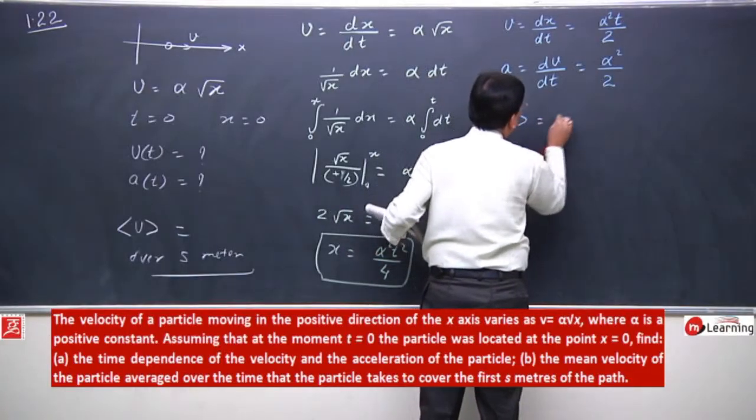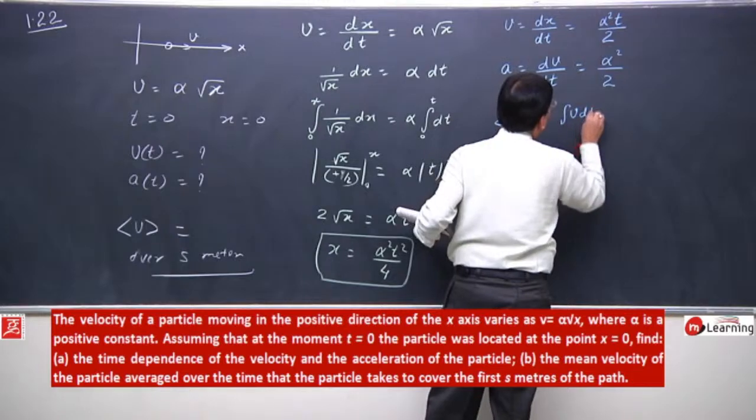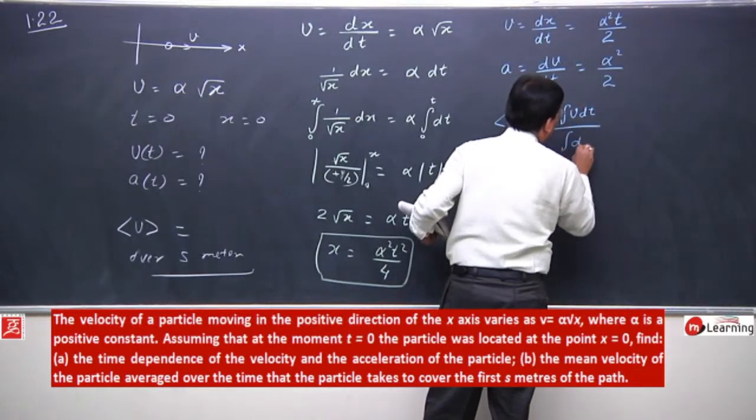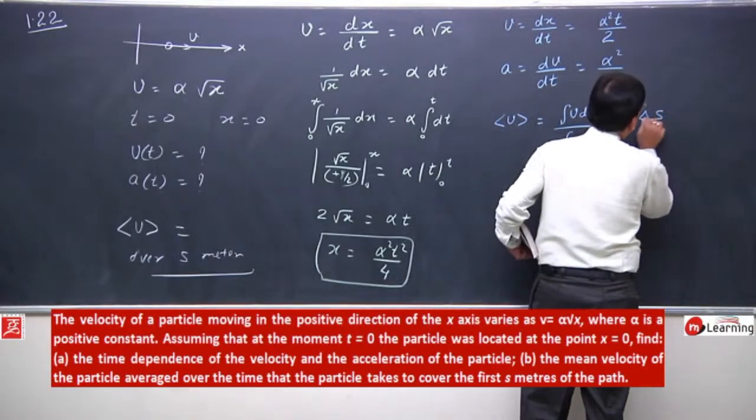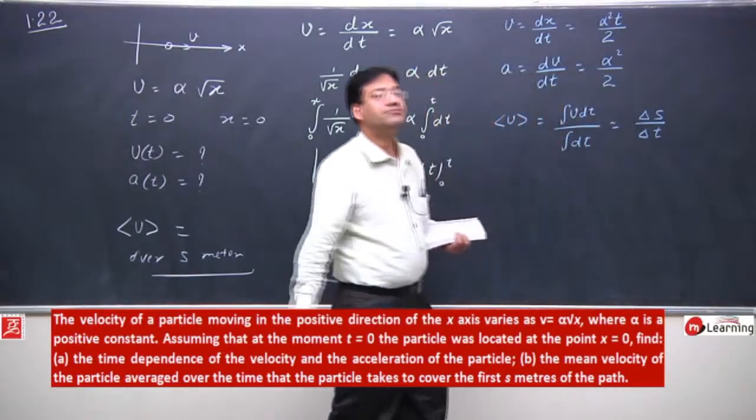Mean velocity is defined as the integral of v dt upon the integral of dt, or this is delta s by delta t.